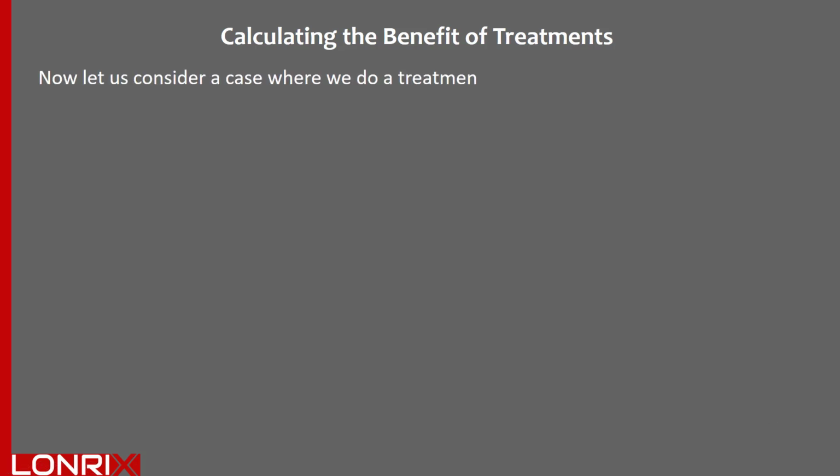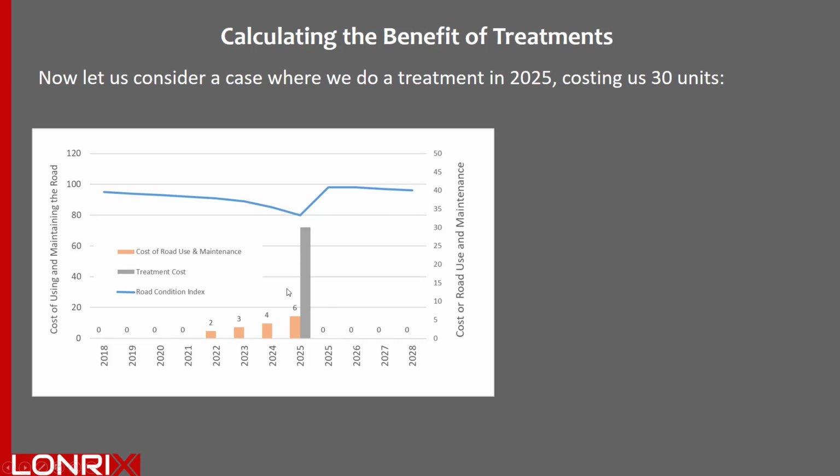Now let us consider a case where we do a treatment in 2025 costing us 30 units. So as you can see, my maintenance or road use cost have increased steadily as before right up to 2025 when I do a treatment which is costing me 30 units. And after that, because of the improved road condition, we assume there is going to be no road use and maintenance cost after that period because the road is now in an excellent condition.